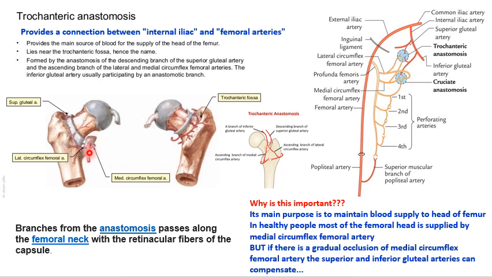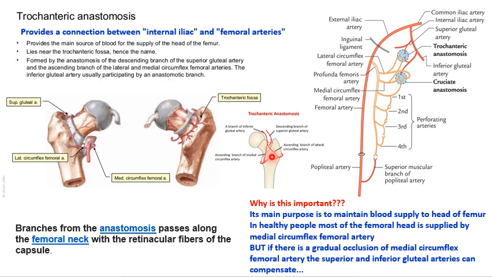But there is a contribution from the lateral circumflex femoral artery also. But if there is any occlusion to the medial femoral circumflex artery, the superior and the inferior gluteal arteries can compensate the supply to the head of the femur via the trochanteric anastomosis.